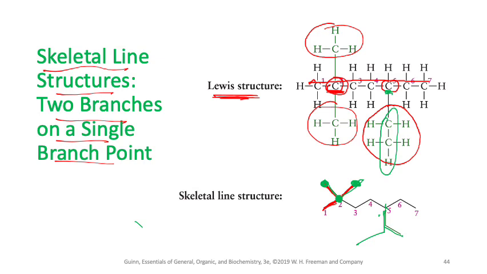Let's do a different way of writing the line angle formula. In this case we drew the upward direction, so let's do the downward direction. 1 2 3 4 5 6 7. So this is 1, this is 2 3 4 5 6 7.